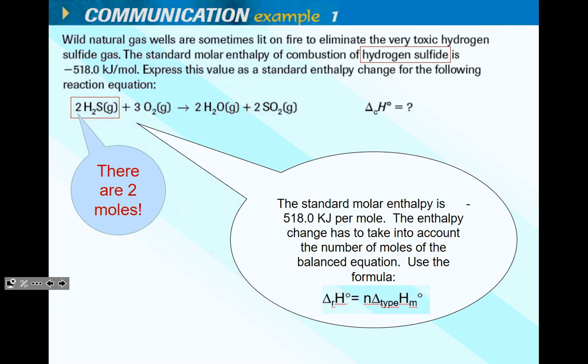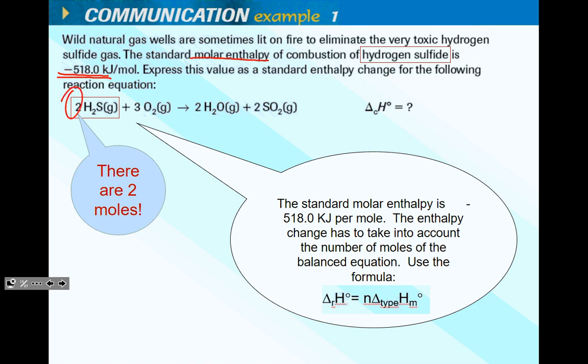So another example. Wild natural gas wells are sometimes lit on fire to eliminate the very toxic hydrogen sulfide gas. The standard molar enthalpy, remember molar enthalpy is per mole, of combustion of hydrogen sulfide is negative 518.0 kilojoules per mole. Express this value as a standard enthalpy change for the following reaction equation.